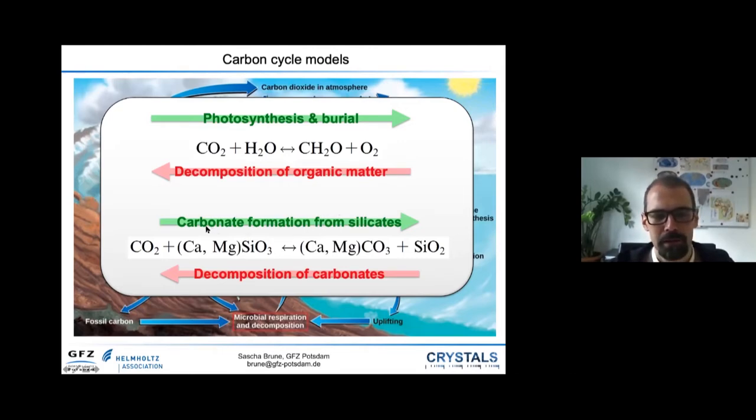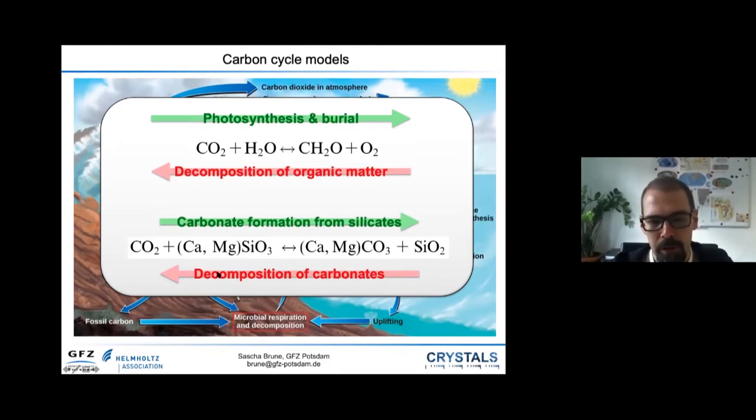And then there's carbonate formation from silicate. This is where weathering comes in. You take silicate rocks, you weather them in the presence of CO2. You transport the calcium and the magnesium ions to the ocean, where they precipitate and generate carbonates. The silicon oxide is produced during the weathering, and the carbonates are produced during the precipitation in the oceans.